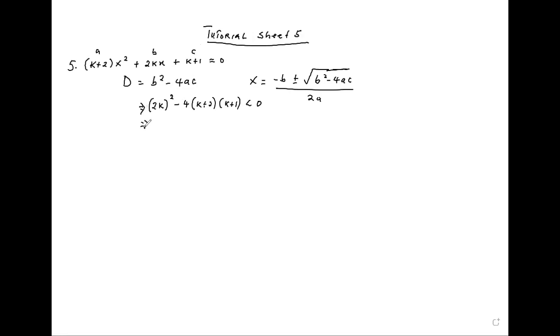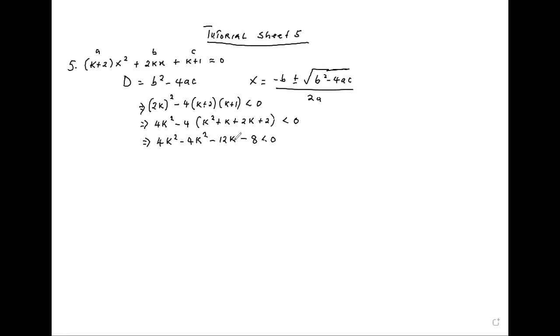This implies 4k squared minus 4, as we expand inside, (k squared plus k plus 2k plus 2) is less than 0. We expand further: 4k squared minus 4k squared, and then 3k times negative 4 gives negative 12k, minus 8 is less than 0.